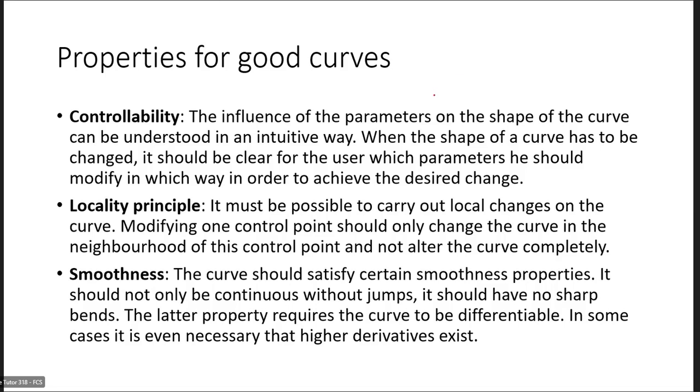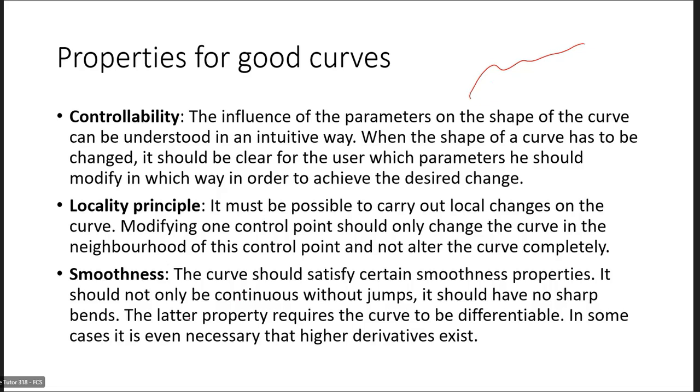Don't make it, for example, one part like this, another part like this. It should be continuous, first of all, and it should also be smooth. So here we are talking about two different curves. If you want to make a shape like this, you need one curve here and another curve. If you want to make just one curve, it should be as smooth as possible.